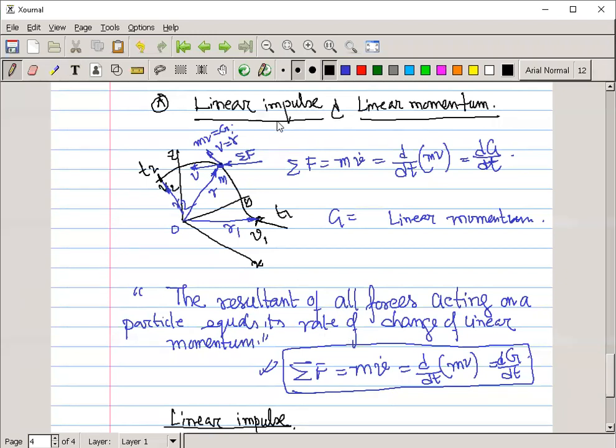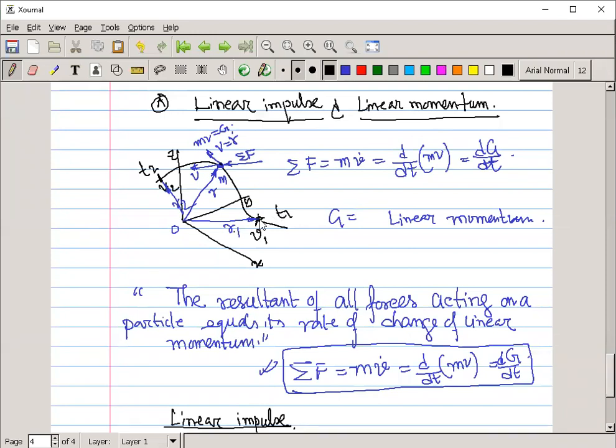But when we talk about linear impulse, it indicates that the particle moves along this path for a definite period of time: initially the particle is at this position, where the position vector is r1 and the time is t1.